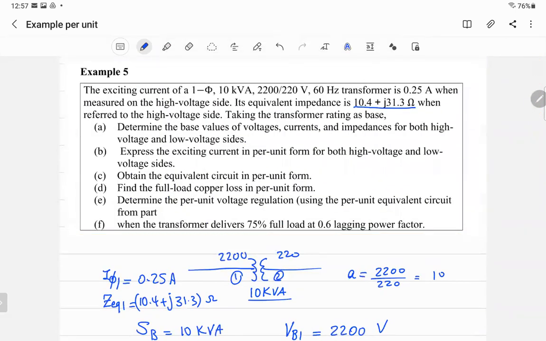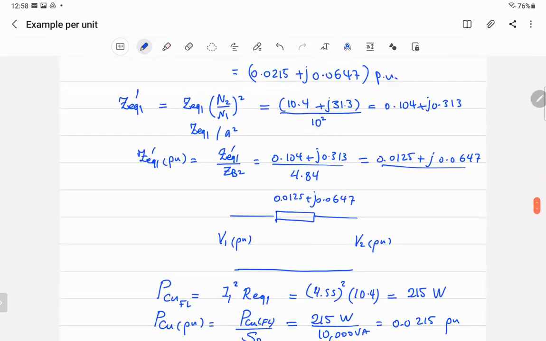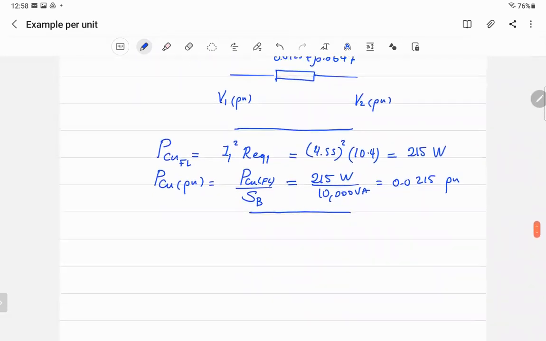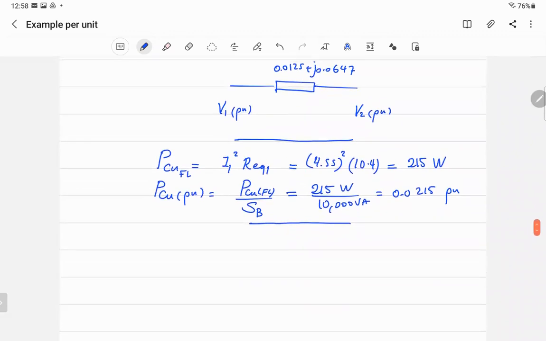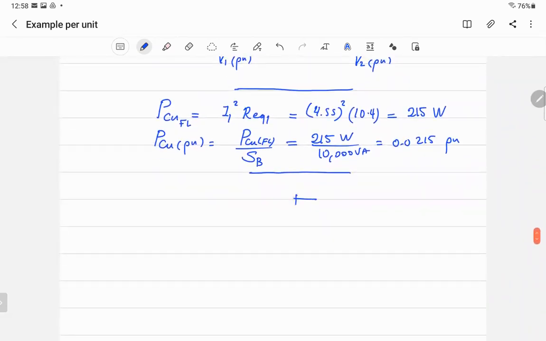Determine the per unit voltage regulation using the per unit equivalent circuit. You want the regulation of the voltage in per unit using the equivalent circuit we just got here. That's the equivalent circuit. Well, I will say that's Z equivalent per unit, because I don't have something called 1 and 2.